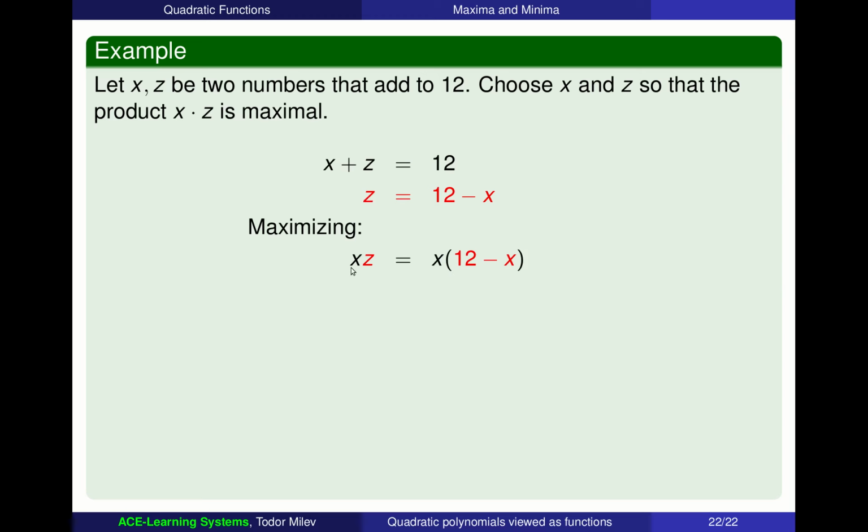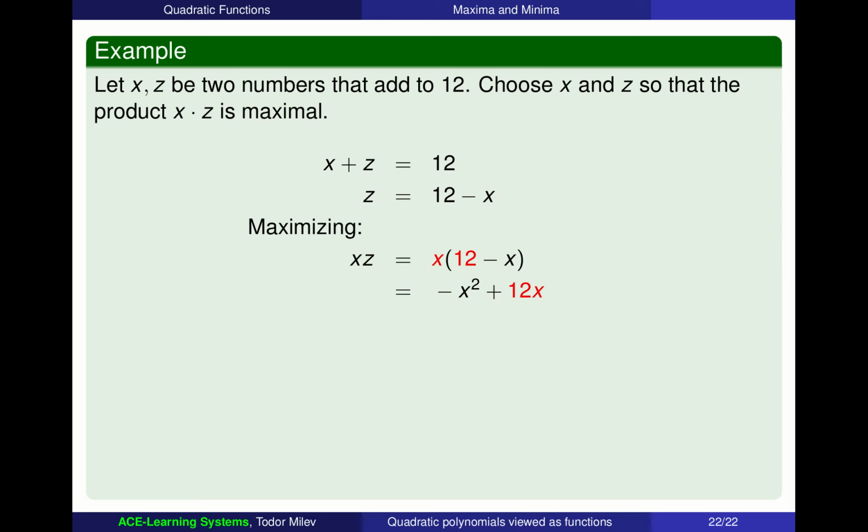So I'm trying to maximize x times z, but since z is 12 minus x, I'm actually trying to maximize x times 12 minus x. So let's uncover the parentheses. X times negative x is negative x squared, and 12 times x is 12x.